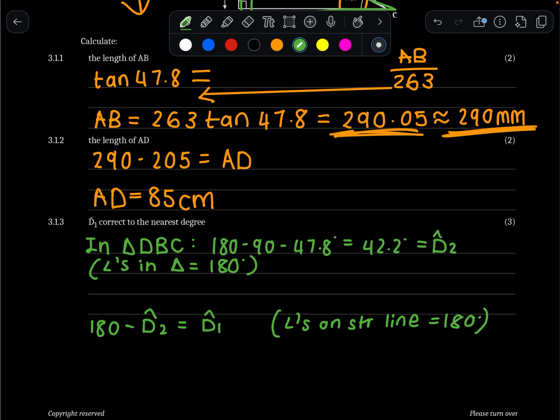Okay, so we can say 180 minus 42.2, 137.8 is D1. And then they say rounded to the nearest degree. So that is going to be 138 degrees.